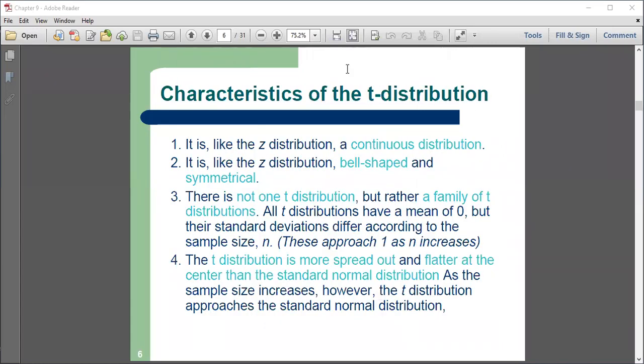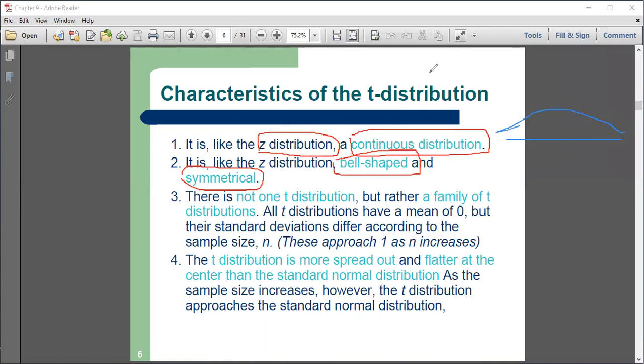So let's see what the characteristics of the T distribution are. It is almost like a Z distribution, and a continuous distribution. It has a bell-shaped curve and is symmetrical. If I draw a Z distribution, let me draw it again.